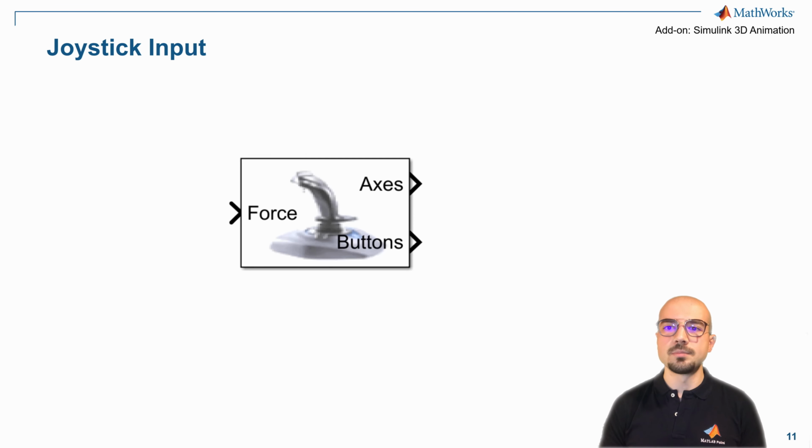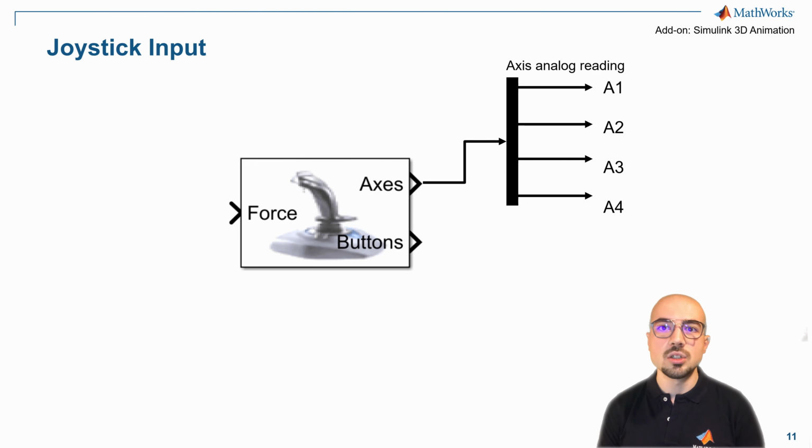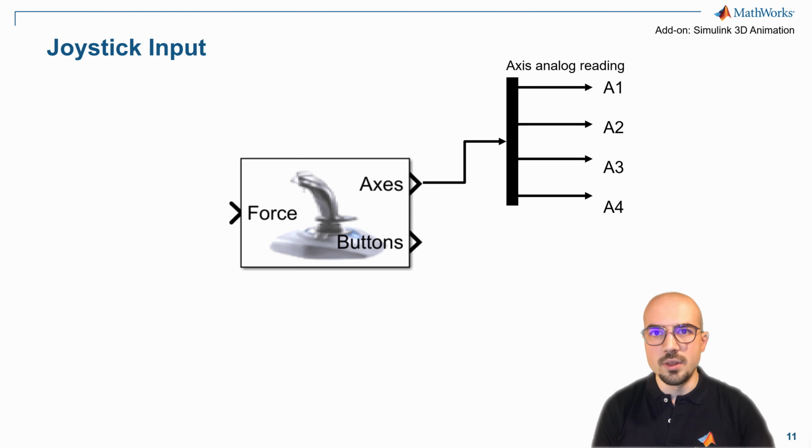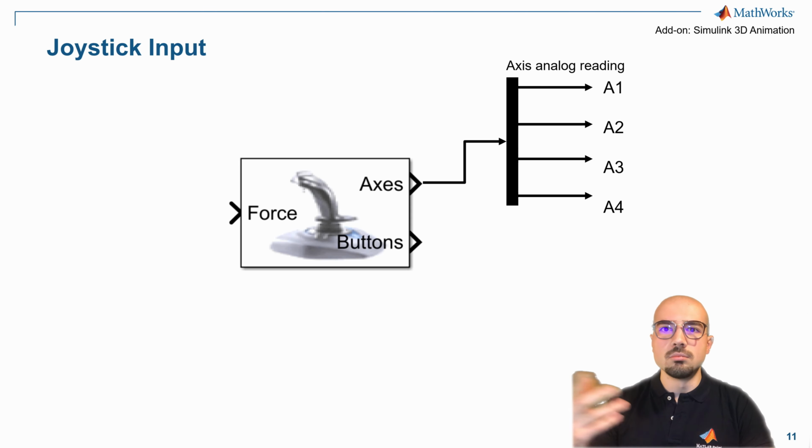The joystick input allows us to get information about the axes of the controller, some analog values like from 0 to 1 or from 0 to -1 with lots of steps. Or we can acquire the buttons of the controller, such as if you press a key, okay?